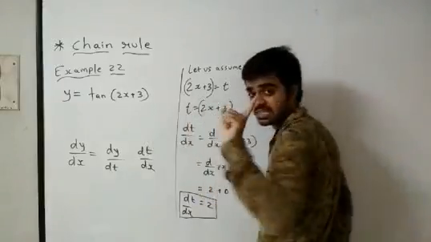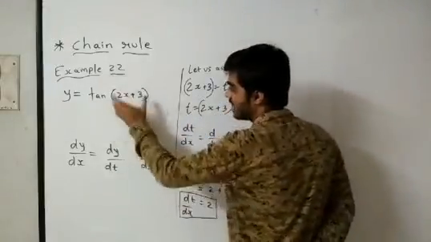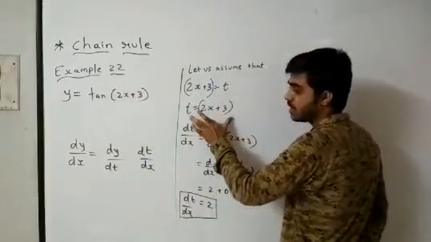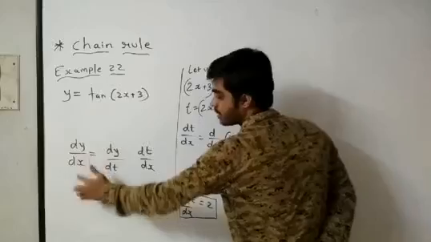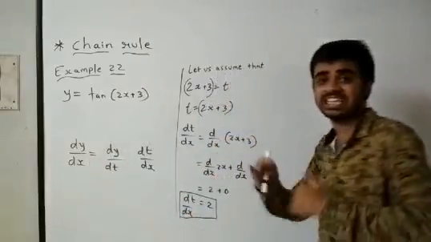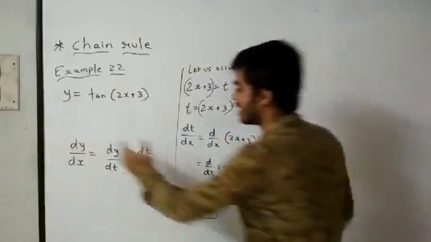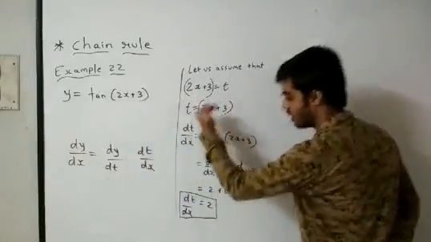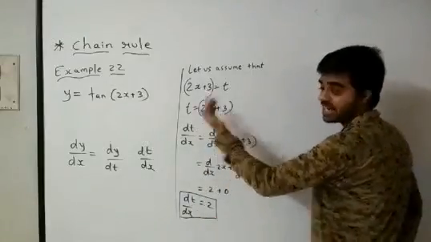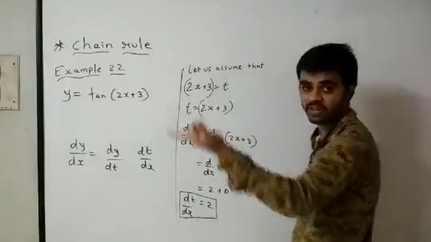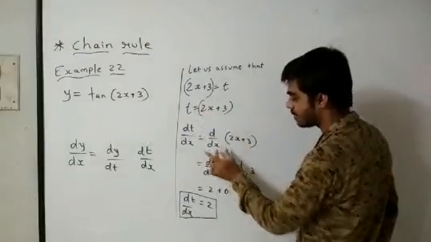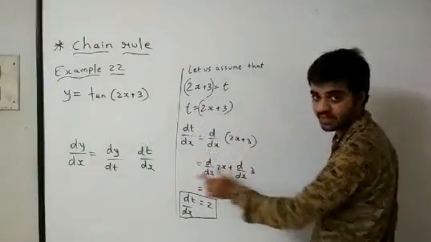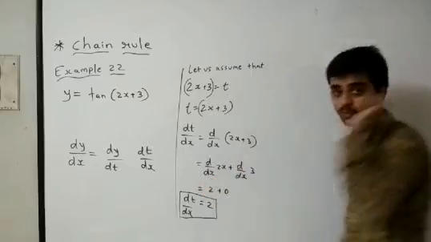This angle we have assumed is equal to t. Right now we want to find dy by dx, and in the chain rule dy by dx is dy by dt into dt by dx. So how do we find dt by dx? We find the derivative of 2x plus 3 separately.